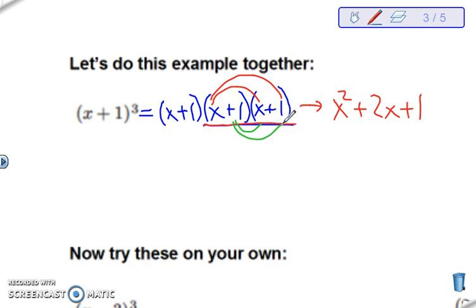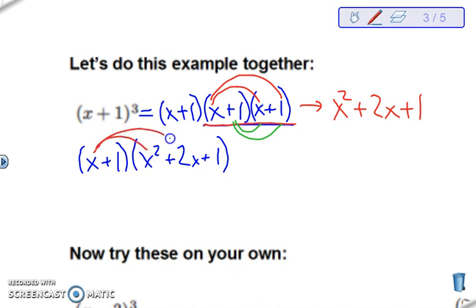So to finish it off, I'm going to take the x plus 1 that I didn't do anything with and multiply it to what I got when I put the second 2 together. So this guy should look exactly like the example we just did.